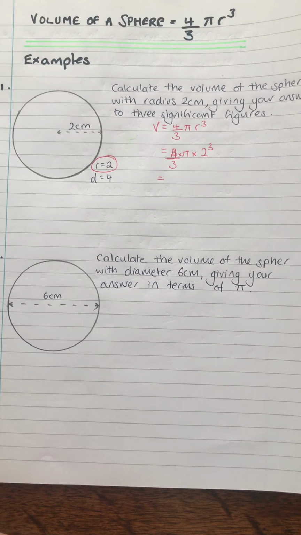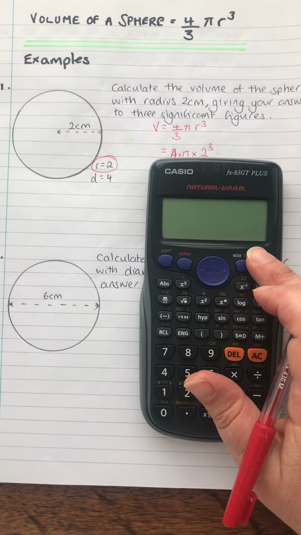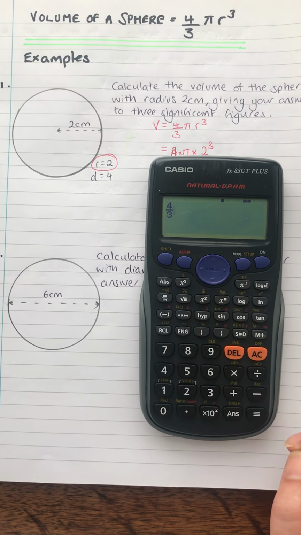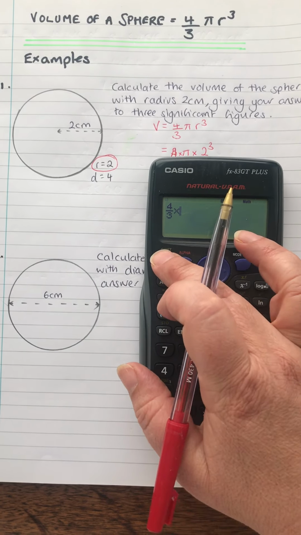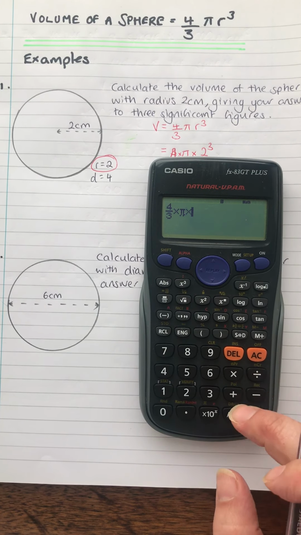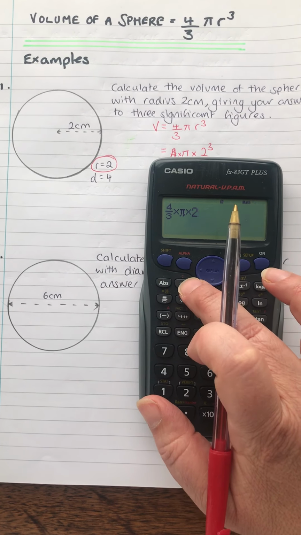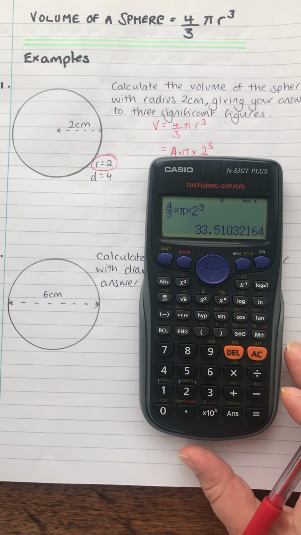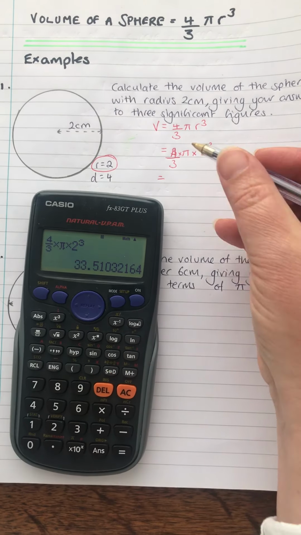And I can put this into my scientific calculator exactly as it's written. So using a fraction, 4/3 times shift, and we should know where to find our pi, times my radius, and there's my cubed button. And search and destroy to give me it in decimal form.